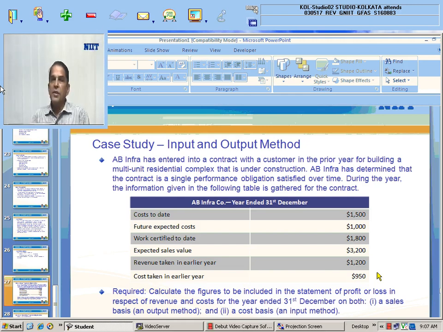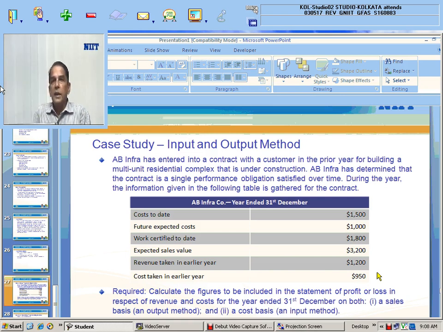So we will see application of both input and output method in this particular case study. That will make it clear to you how these two methods are applied and what could be the possible outcomes under the two different methods for revenue recognition under the same contract.